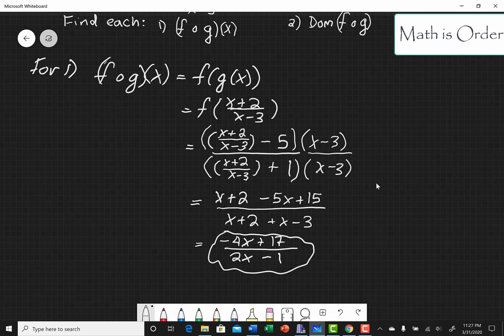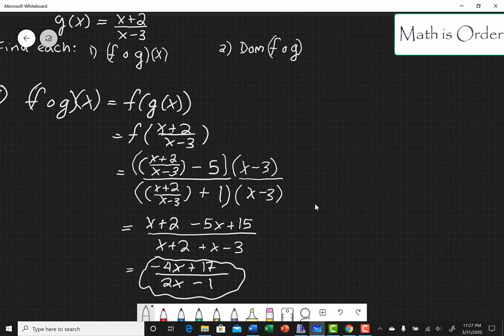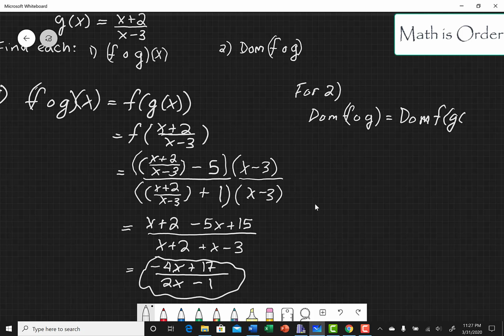All right, now let's do number 2. Okay, here we want to know the domain of f composed with g. Let's first start off by finding out what is the domain of f.